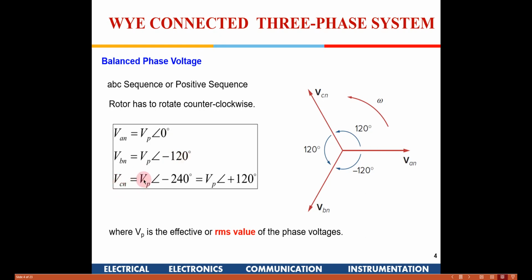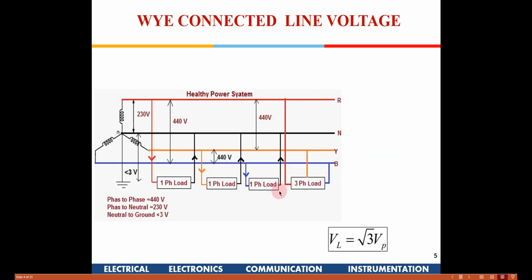For the third phase, again the magnitude remains same, so I write VP, and it is going to lag VBN by another 120. So the total lag with respect to the A phase will be minus 240, or alternatively I can write it as VP at plus 120, right? So these are the 3 phases. Now here VP stands for RMS voltage.